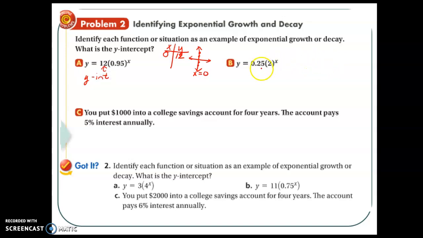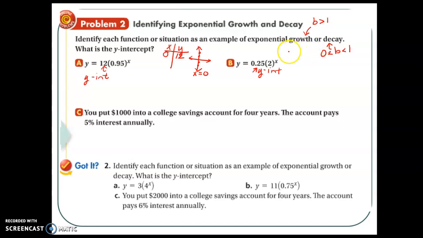So your y-intercept here would be 0.25. Now, if it is growth or decay, remember that growth is where your b is greater than 1, and decay is where b is a fraction between 1 and 0.